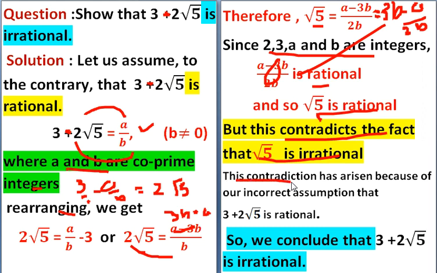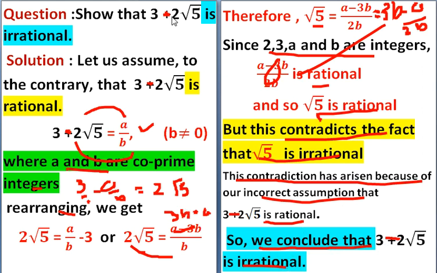This contradiction has arisen because of our incorrect assumption, hence our assumption that 3 minus 2 root 5 is rational is wrong. Hence 3 minus 2 root 5 is irrational.